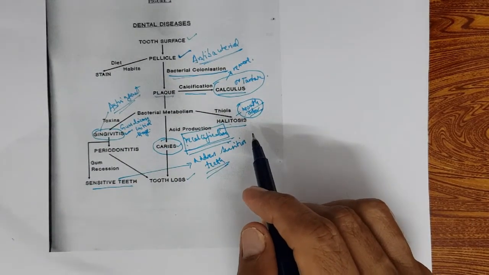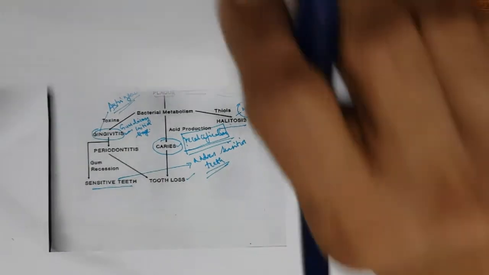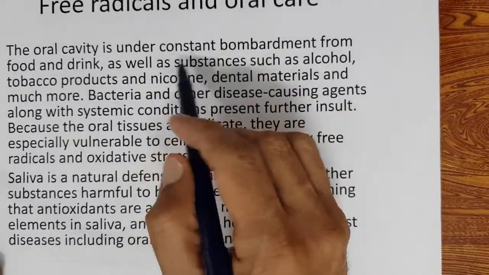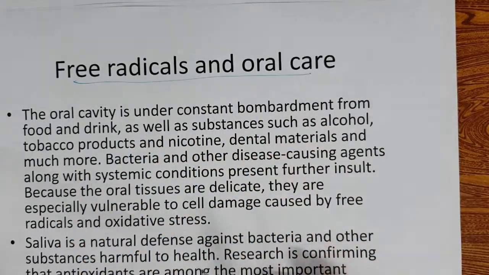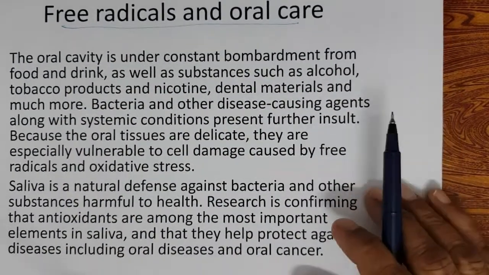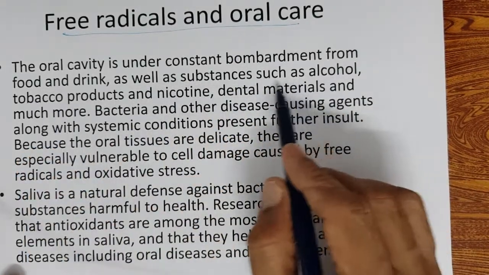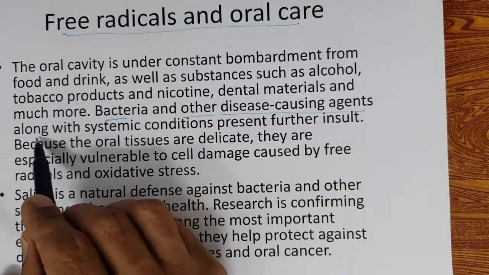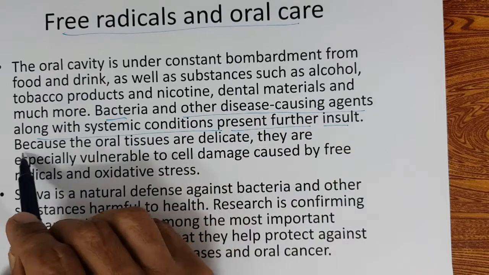Is it clear? Right. So yet another thing recently: free radicals and oral care. The oral cavity is under constant bombardment from food, drink and all the other things. Bacteria and other disease causing agents, along with systemic conditions, present further insult.